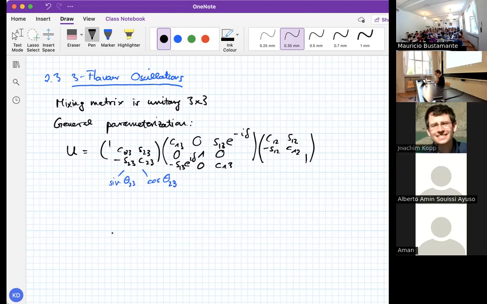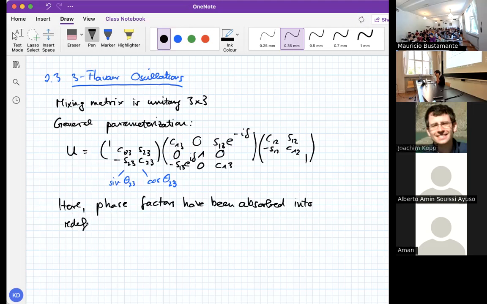And what I should say is when I write the mixing matrix in this form, then I have already used all the freedom that I have to absorb phase factors into redefinitions of my fields. So here, phase factors have been absorbed into redefinitions of fields.